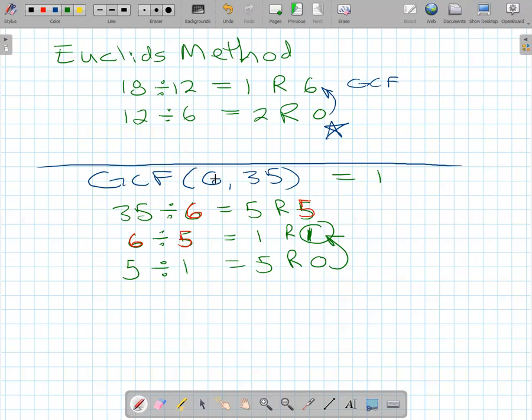So a side note on this: whenever 2 numbers have a greatest common factor of 1, which is kind of boring, 1 is not an interesting factor or multiple, these 2 numbers are said to be relatively prime.